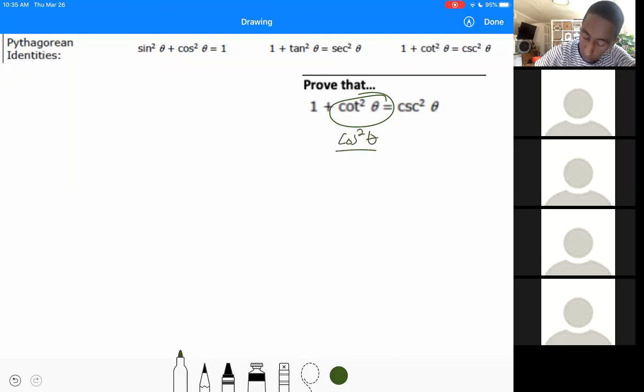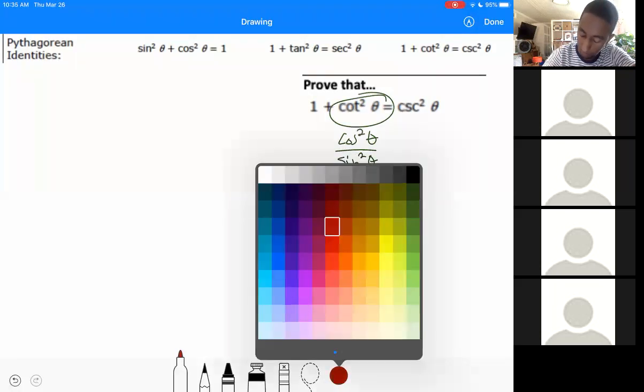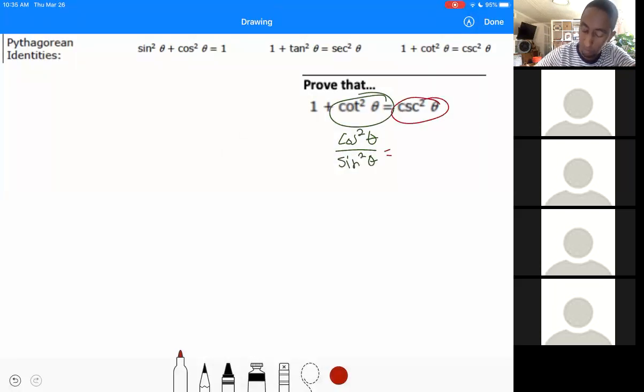Cosine squared of theta over sine squared of theta, because it's the opposite of tangent. And then how could we write cosecant squared of theta? 1 over sine squared of theta. All right, very good.